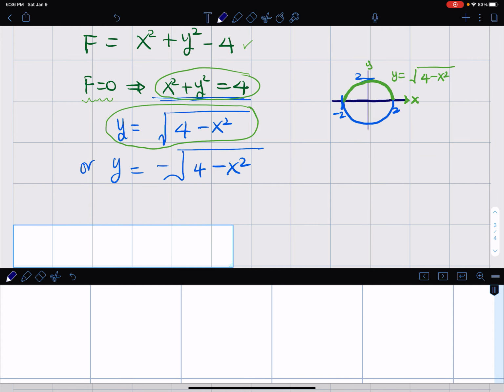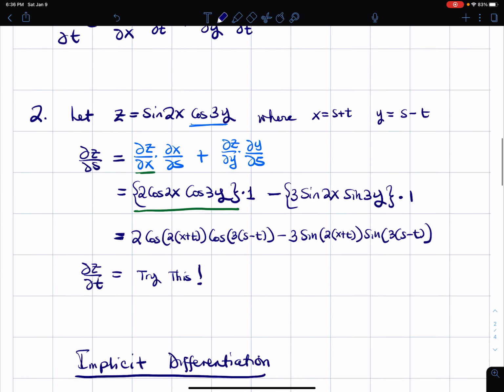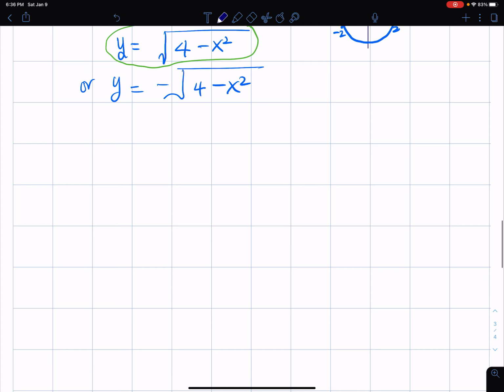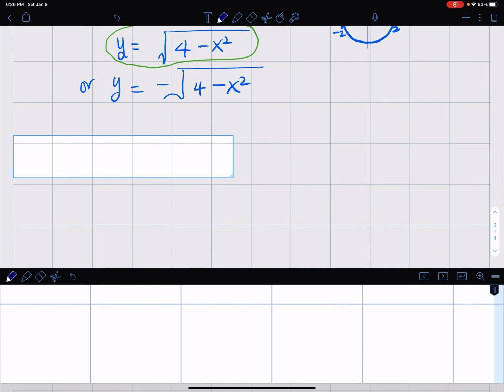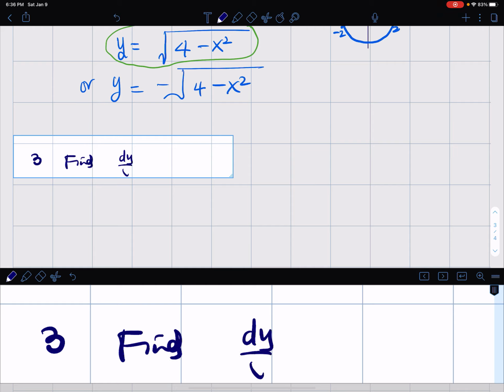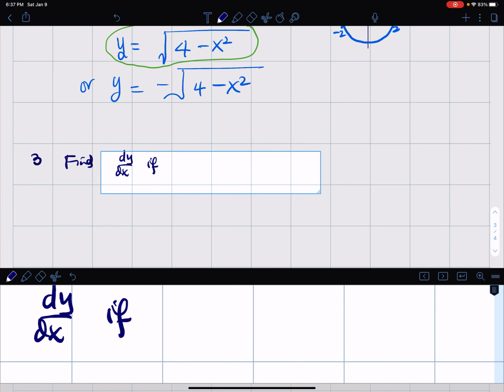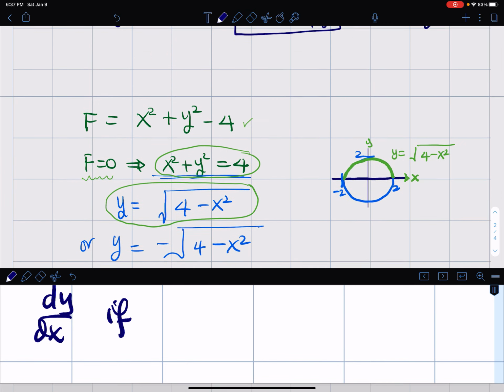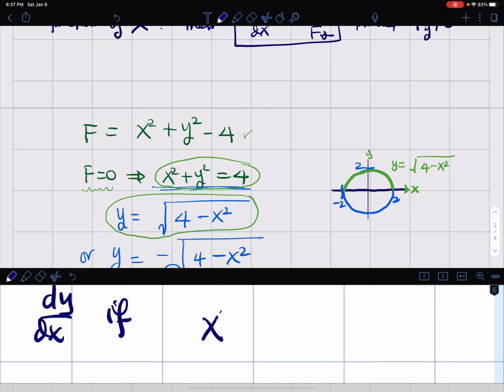That's our example 3. We would like to find dy/dx if x squared plus y squared minus 4 is equal to 0. This is going to be really easy, but I just want to keep it the way it is.